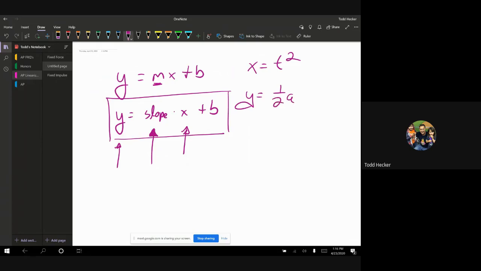So then maybe you end up with a function that looks like 1/2 a equals slope times t squared plus something. So what you would actually be doing is graphing on your horizontal axis, instead of t like we usually do, t squared. I think that's probably easiest to see by doing an example, which is what I will do now.